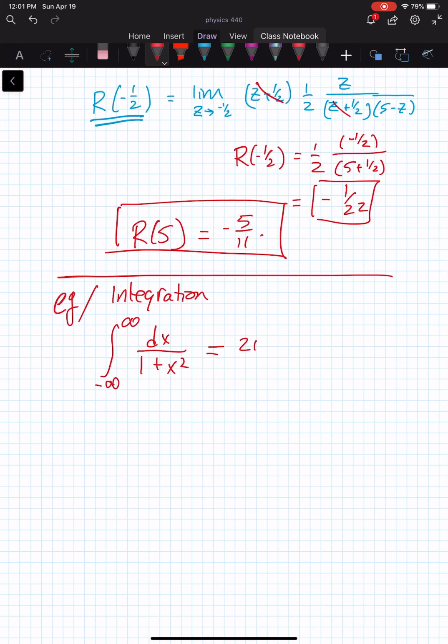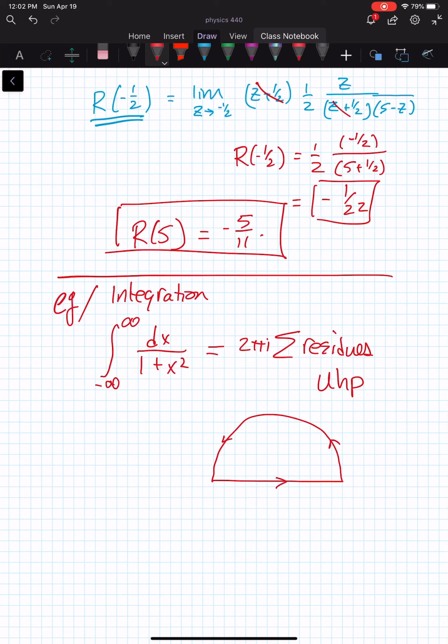This is going to be equal to 2 pi i times the sum of the residues. The way we're constructing this is assuming that we are in the upper half plane. In other words, construct our contour, and it's clear that we have two singular points, i and minus i, right?